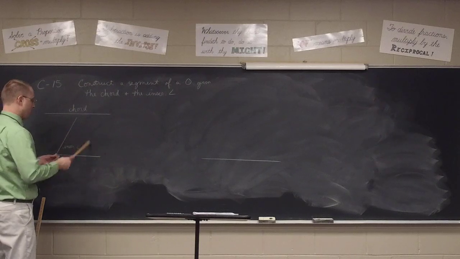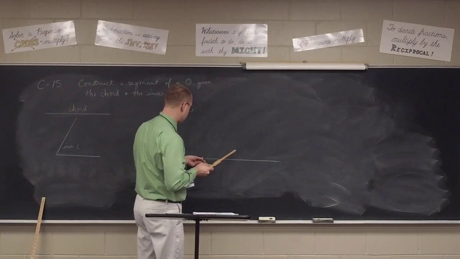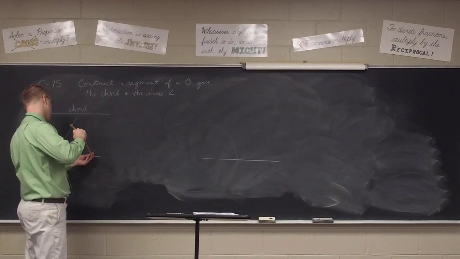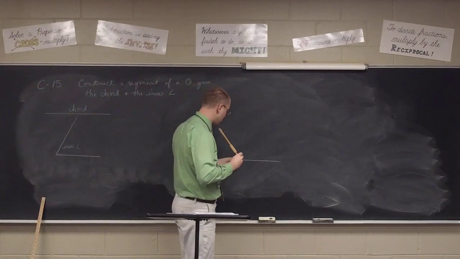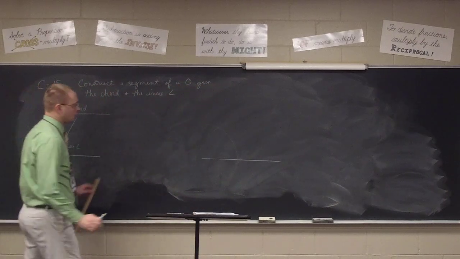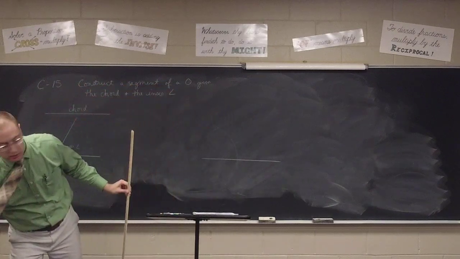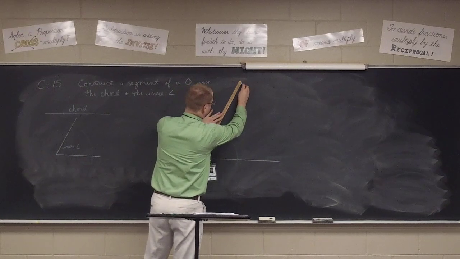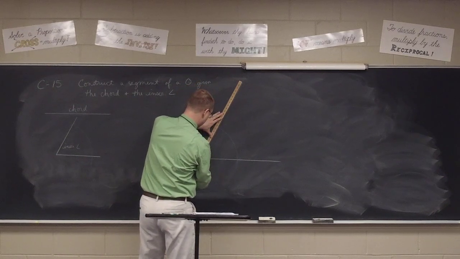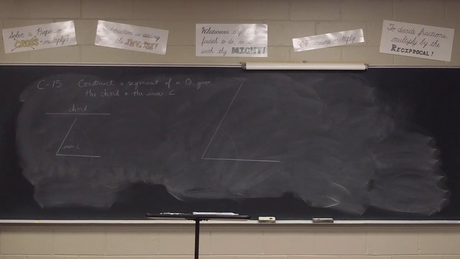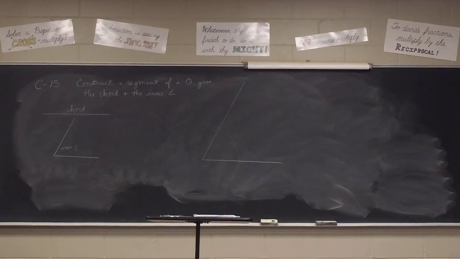But yeah, we want to copy the angle with long sides. All right, there's my inscribed angle. Or it's going to be inscribed once I get the rest of the arc around it.